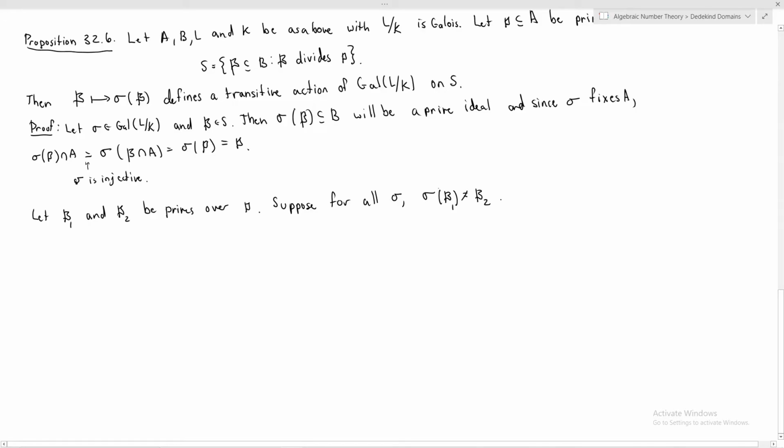So this tells me that the collection of all sigma of B1s are a family of primes distinct from B2.